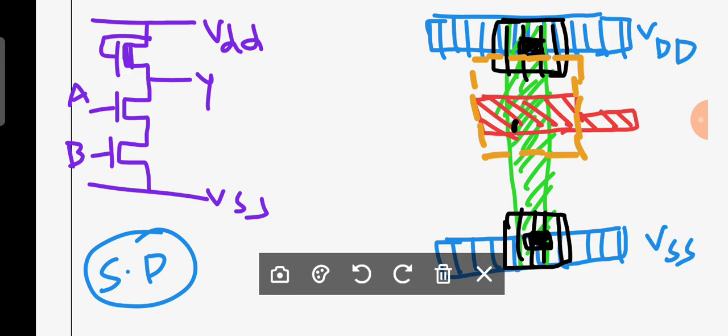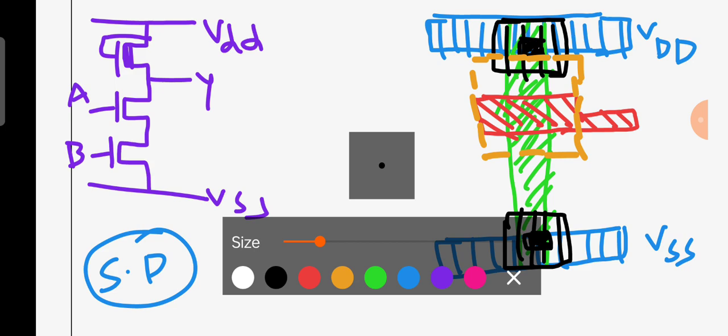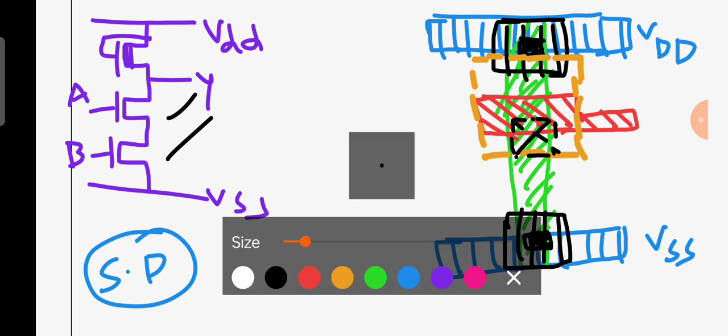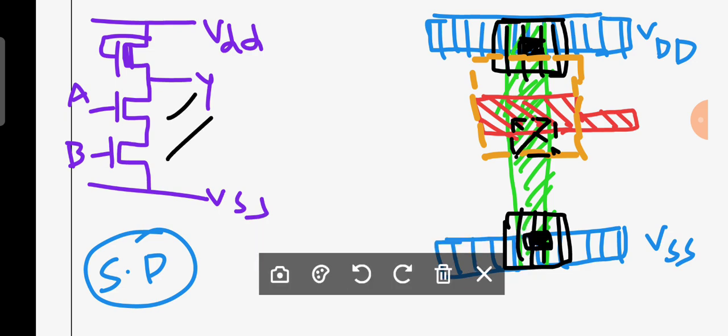I have to give the buried contact by reducing the thickness of the color. This is your buried contact. Now you can observe how many transistors are there. 2 transistors are there, therefore you have to consider 2 transistors.